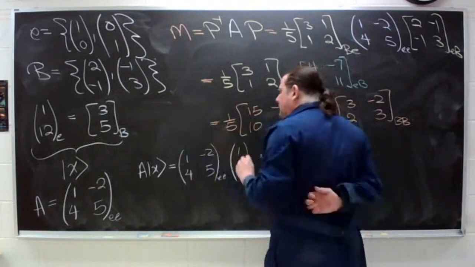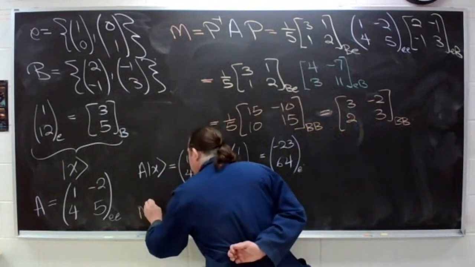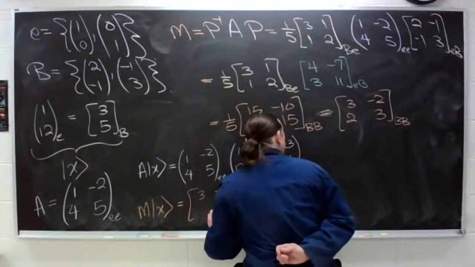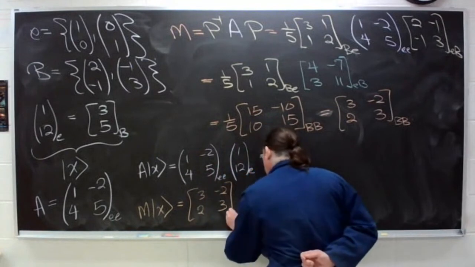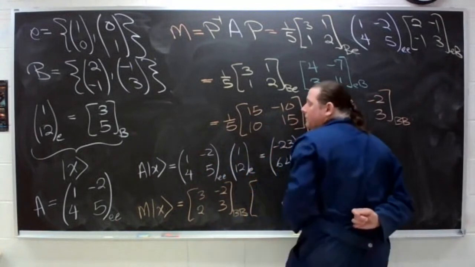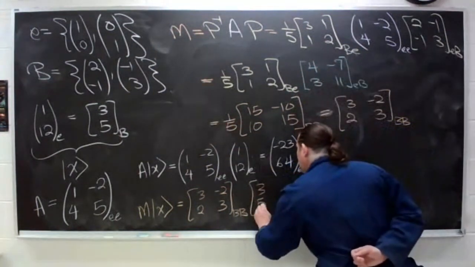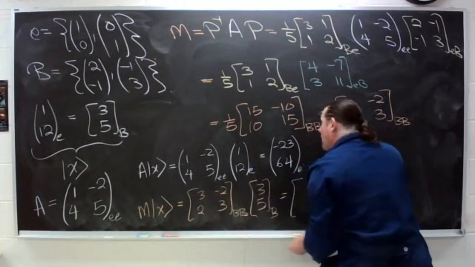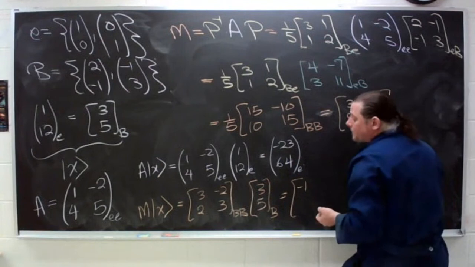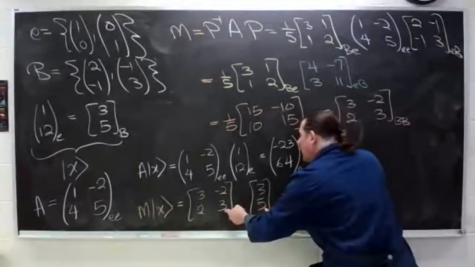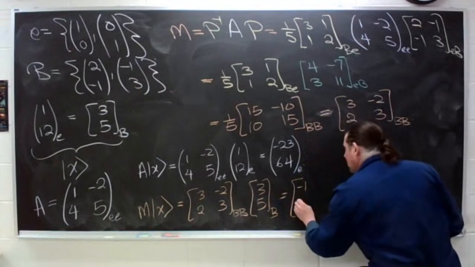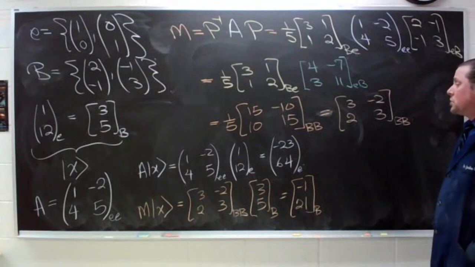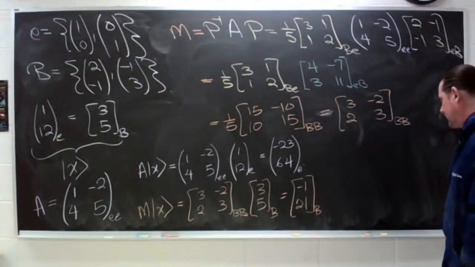Let's see what happens in the B basis. All right, I've got 3, 5. So that's going to be 9 minus 10. All right, and then 6 plus 15. Negative 1, 21 in the B basis.